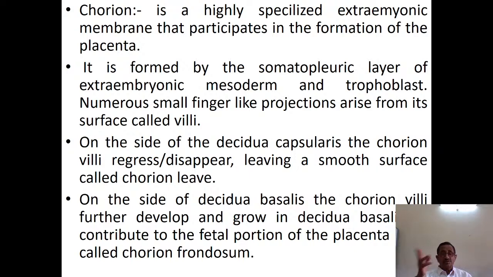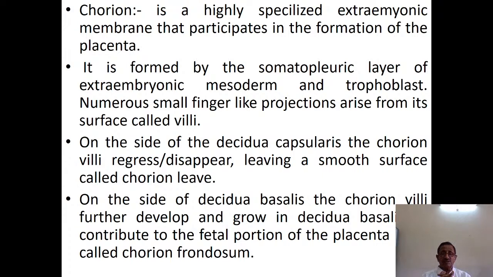This outer surface of the chorion is actually formed by the cytotrophoblast, the outermost layer, and outside the cytotrophoblast, as the cytotrophoblast divides and multiplies into more cells, what is happening? Before the cell wall is formed, the cells are multiplying. So you are seeing a heap of nuclei with a protoplasm that we are calling the syncytial trophoblast.